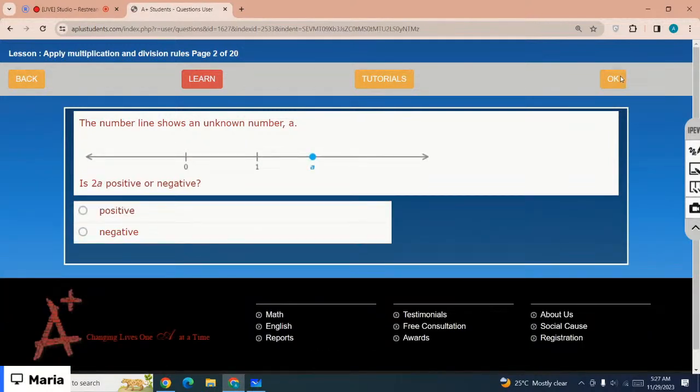Okay, the number line shows an unknown number A. Is 2A positive or negative? Which is the correct option?